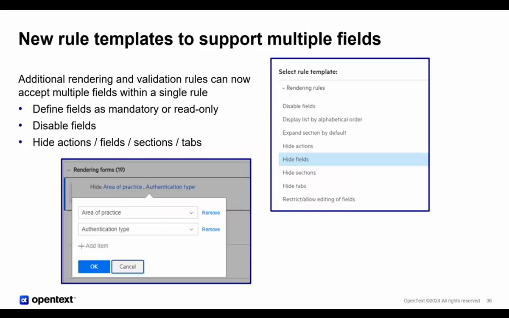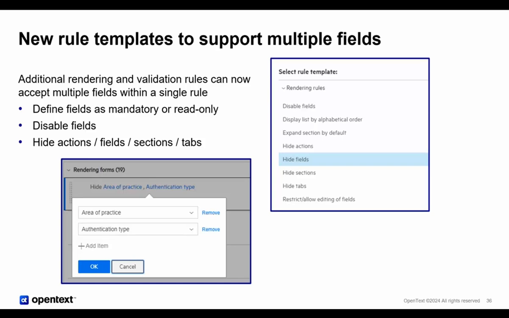And then we have a productivity improvement around business rules as well. Before this release, there were some business rule types or templates that only supported a single field. So if you wanted to hide fields or disable fields, you had to create a rule for each field.